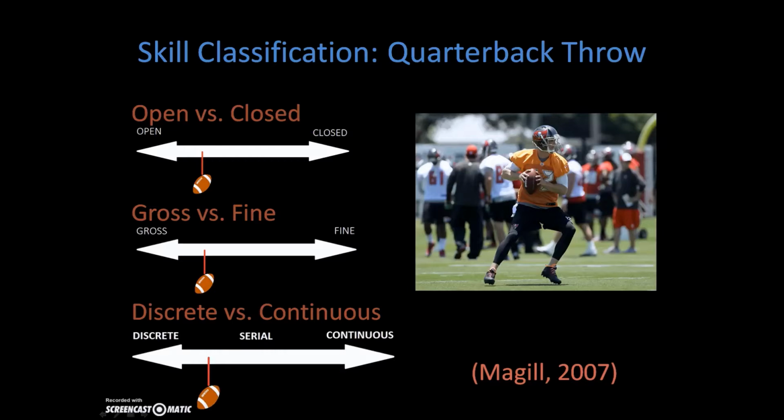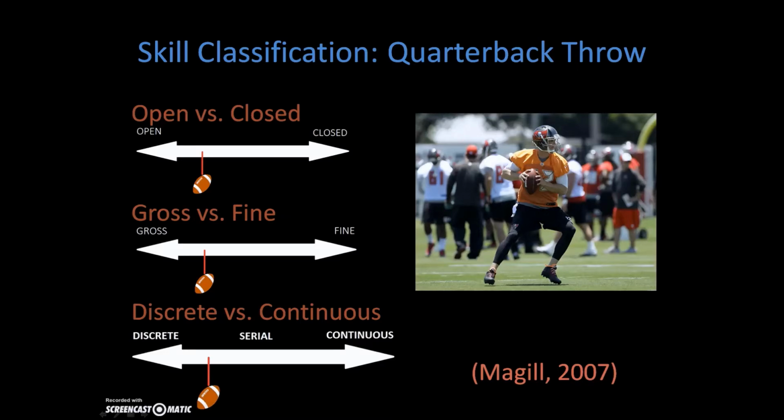As far as its one-dimensional skill classification goes, the quarterback throw is a far more open skill than closed. It's always being performed in a changing environment, be it different amounts of tacklers coming at the thrower, different tactics from play to play, making it more open.